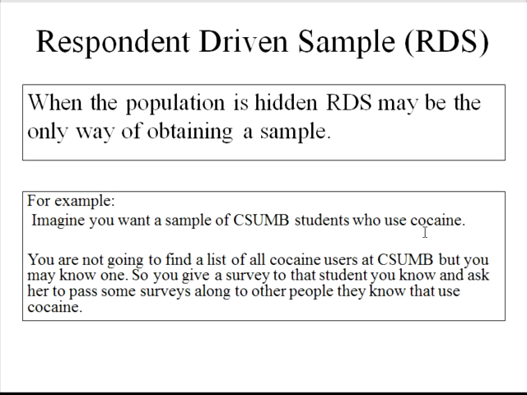And they will all mail the surveys back to you. And you will get a sample of that. Now, is that representative? You don't know, right? You would never know because you cannot observe the population. But it's the only way to get a sample of this secret population.